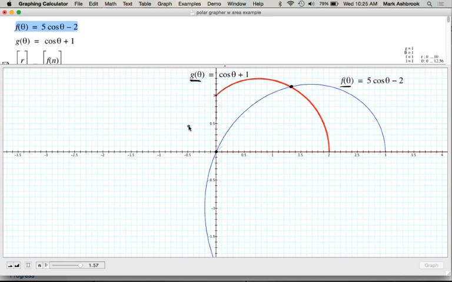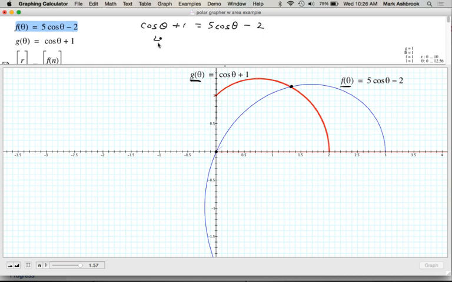So we want the angle theta such that r's are equal. At some point between 0 and pi over 2, there's a theta value for which r's are equal, so we'll set g of theta equal to f of theta. By setting those equal, we're saying what value of theta gives us the same r.